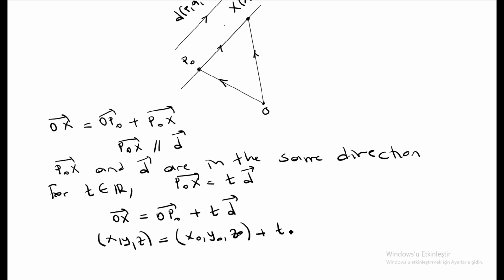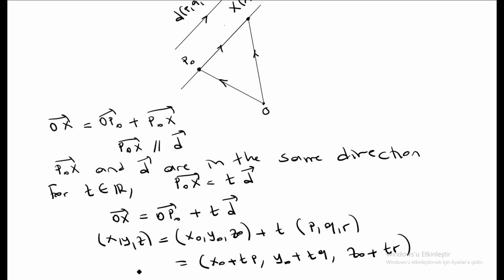And D is P, Q, and R. Now from here we have X sub 0 plus T times P, Y sub 0 plus T times Q, and Z sub 0 plus T times R. So this one is X, Y, and Z. So this is the equation of this line.